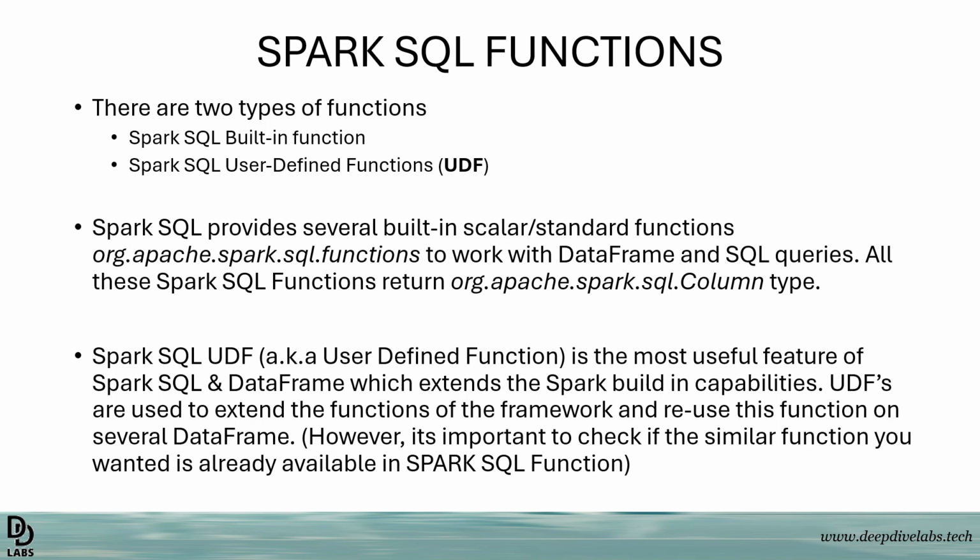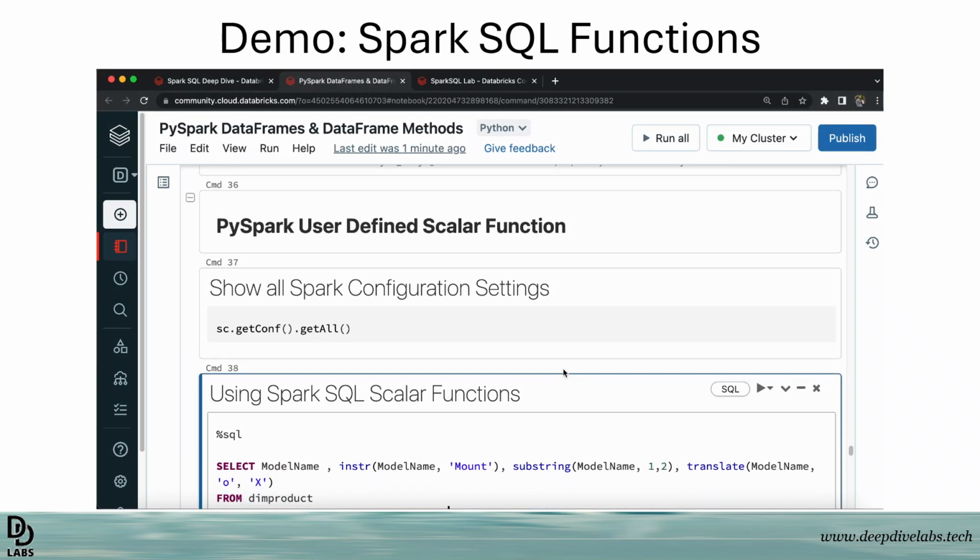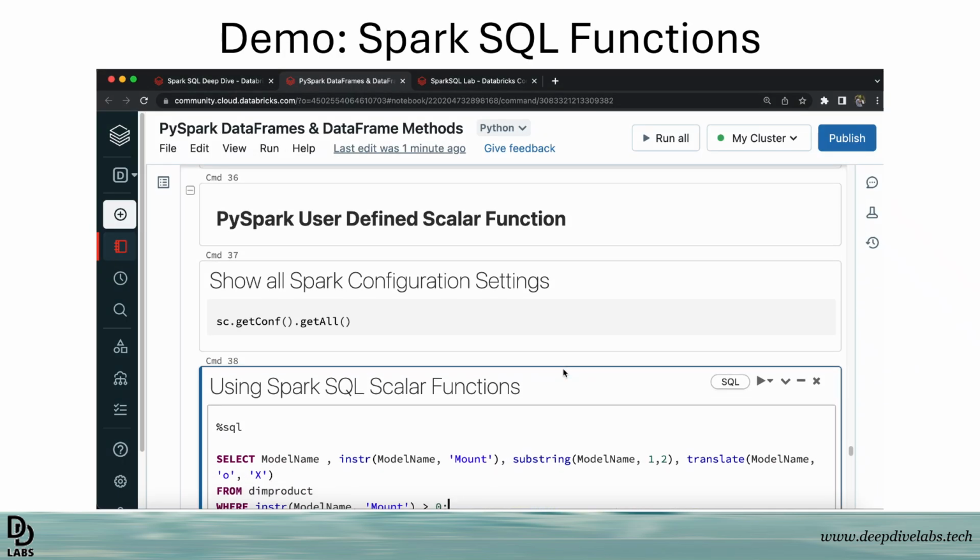All right. So now let's go into a demo of these Spark functions so that we can see how they can be used both as data definition language and using the PySpark framework. We will continue to use the same notebook, PySpark data frames and data frames methods, while looking at the SQL functions as well.